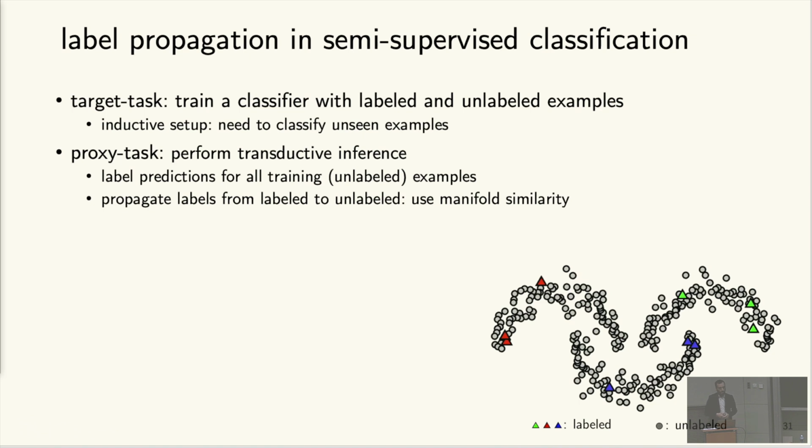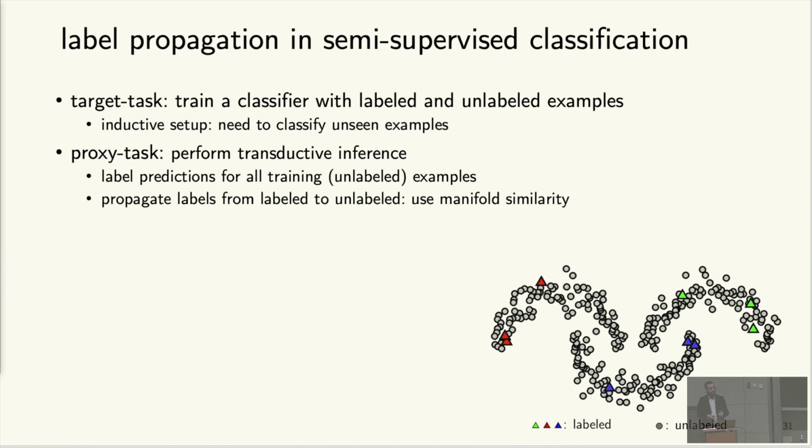We first define a proxy task to approach. It is to perform transductive inference, meaning that in this step, we don't care about obtaining a classifier for predictions of future unseen examples. We only care about making predictions for all unlabeled examples of this fixed closed training set. And we perform this again by relying on manifold similarity to propagate labels from labeled to unlabeled examples.